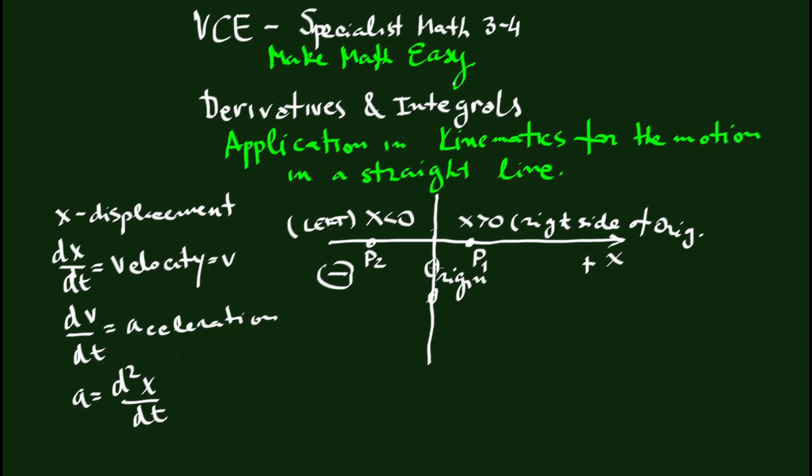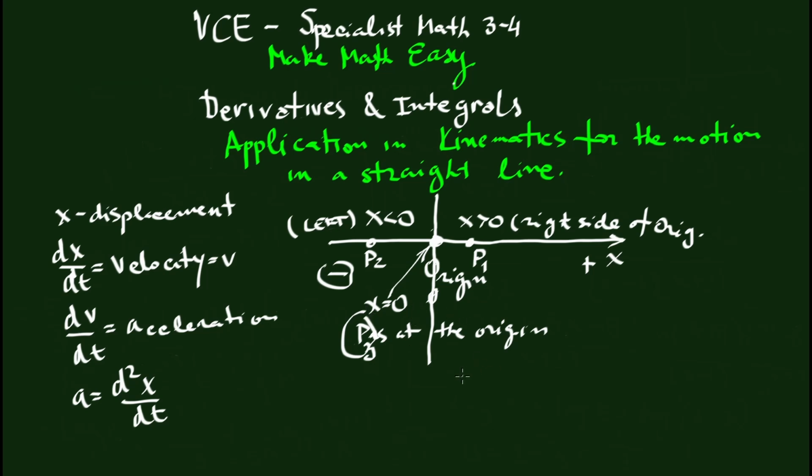It's gone to the left. And when x is here, then x is 0. It means that P is at the origin, say that's position number 3.